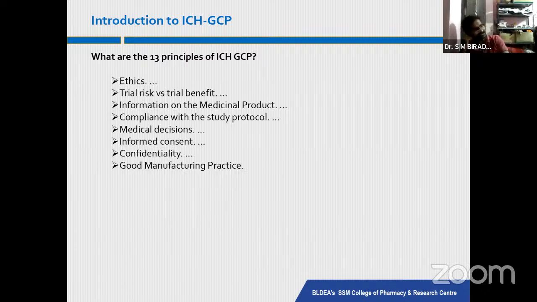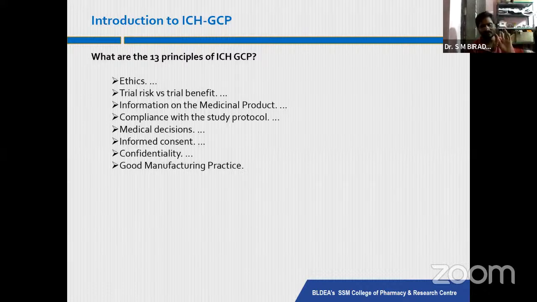By considering the risk ratio and benefit ratio, some of the risk is also there, and that should be kept confidential when compared to the higher benefit ratio. Sometimes confidentiality should be maintained because it is based on decisions by experts. If a small risk is involved, don't explain it to the public; let it be confidential.